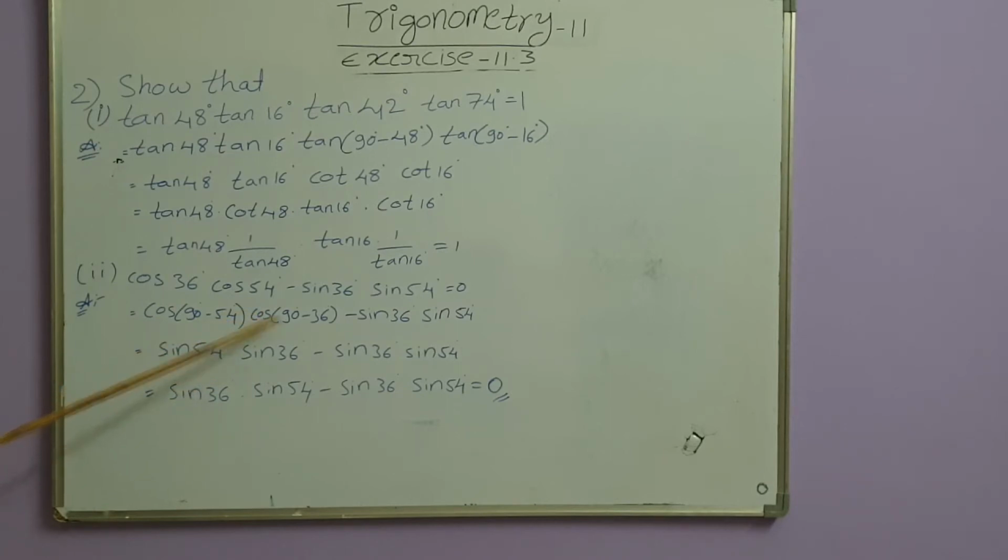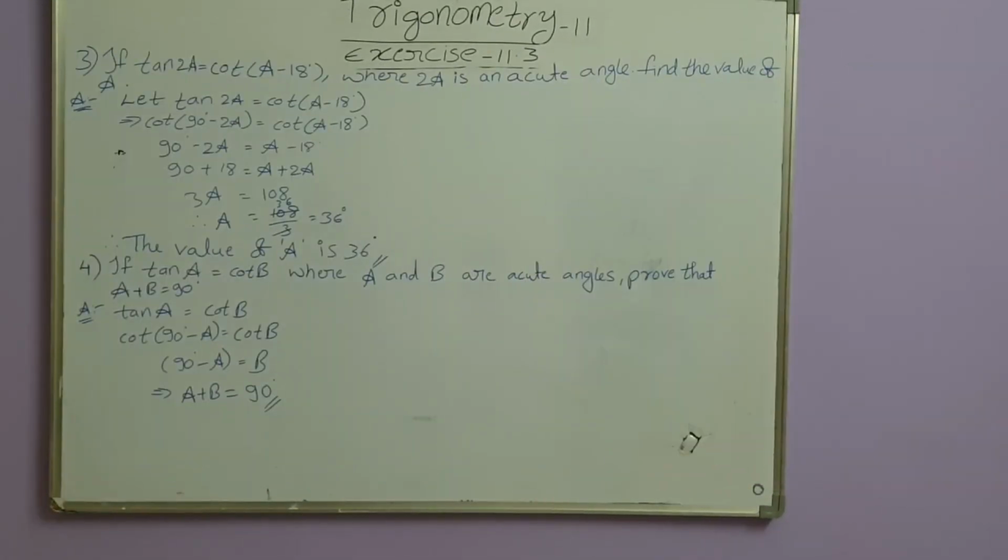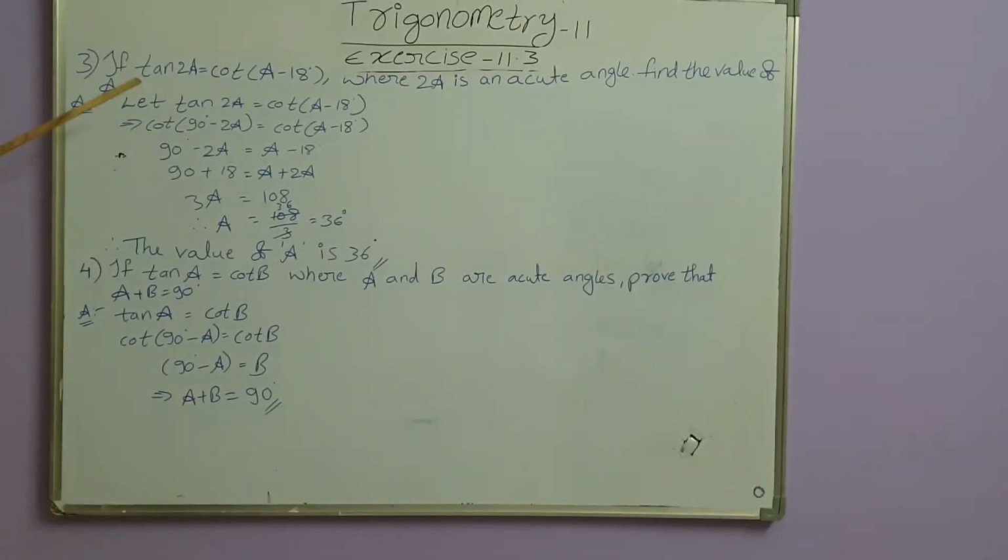Cos of 90 minus A is sin A, cos A sin 36 minus sin 36 sin 54. Here sin 36 sin 54 minus sin 36 into sin 54 is equal to 0. This equation is also proved.